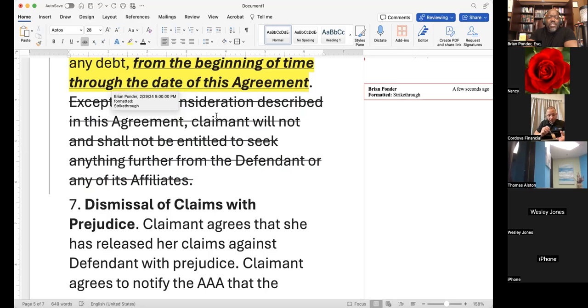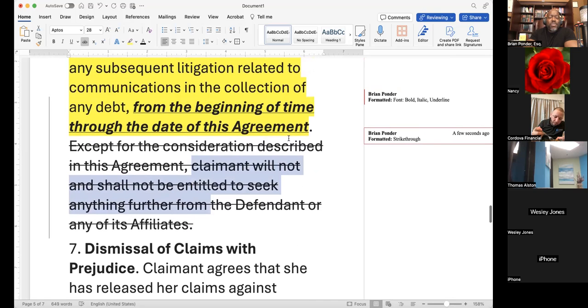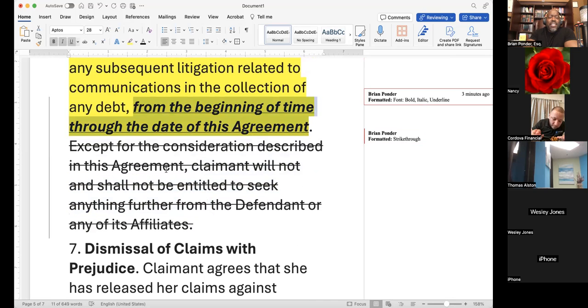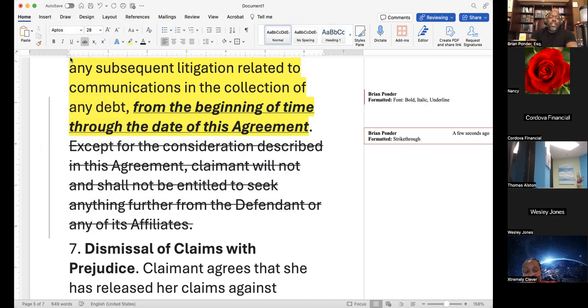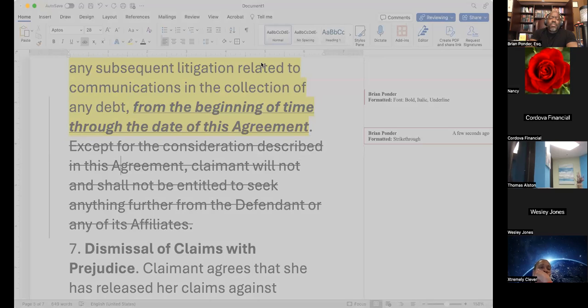Here you're saying, except for that, you will not seek or be entitled to anything further. That's separate from the sentence from Genesis to today. They could use that against you later, saying, no, you said except for that, you'll never seek anything else. That's different. This has to go. They're crazy. You see what I'm saying? You gotta be careful with that. They're getting stuff right there. But yeah, that has to go.